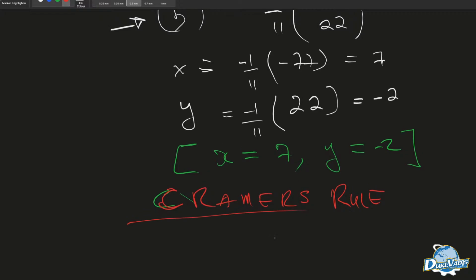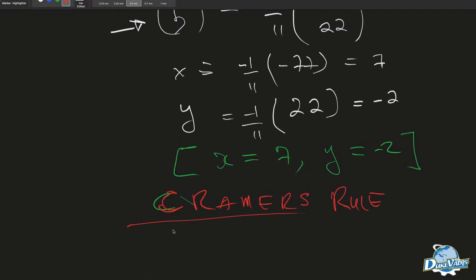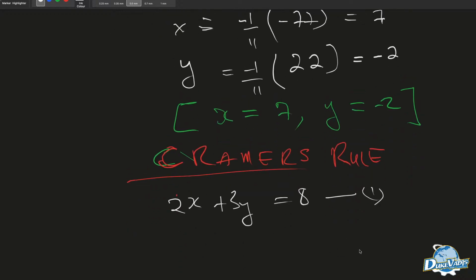With Cramer's rule, we have our equation once again: 2x plus 3y is equal to 8, as usual. We are not reinventing the wheel, it is the same equation.